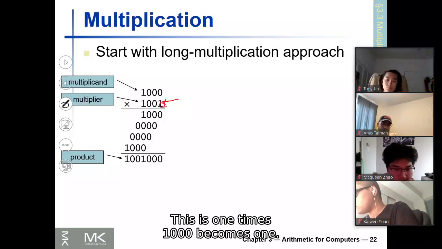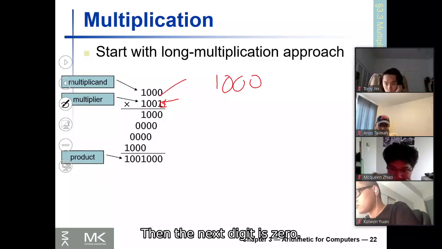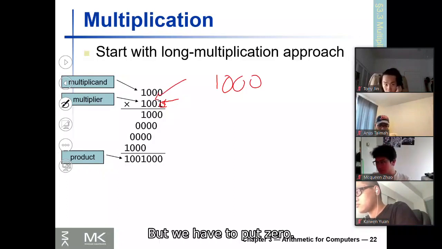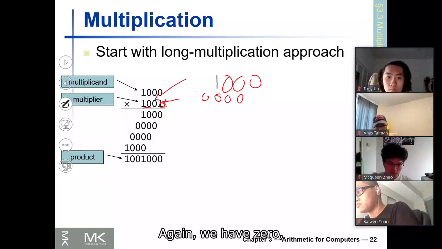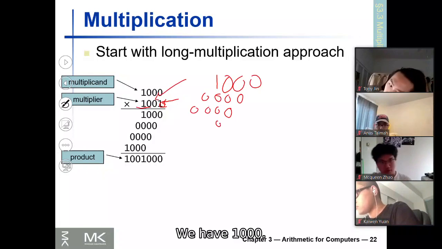So let me do it here. This is 1. 1 times 1000 becomes 1000. Then the next digit is 0, but we have to put 0 with one shift to the left. The next digit is 0. Again, we have 0, but with one left shift. And the next digit is 1, so we have 1000.